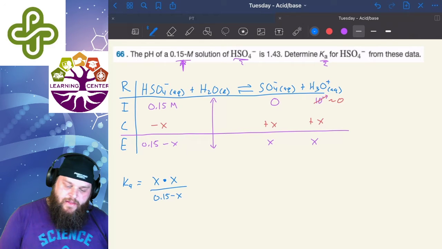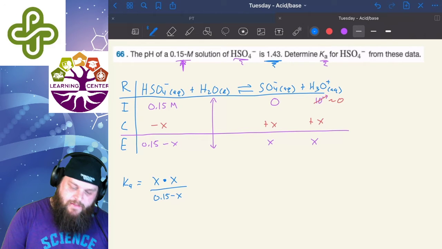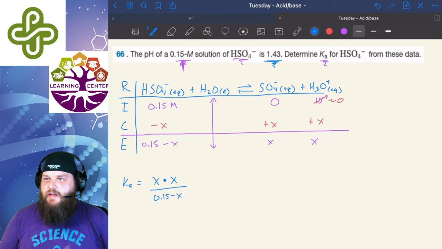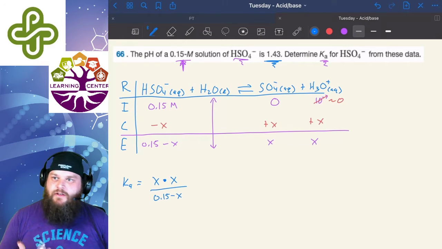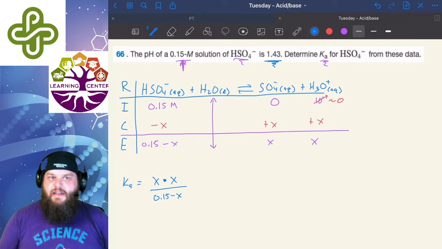Now, one thing that they do tell us here is the pH of the solution at equilibrium. So that's really useful because we can use that to determine what the concentration of hydronium is to essentially solve for x in this case.